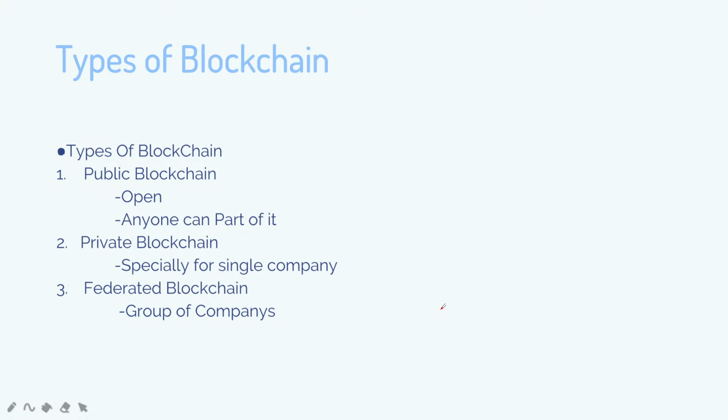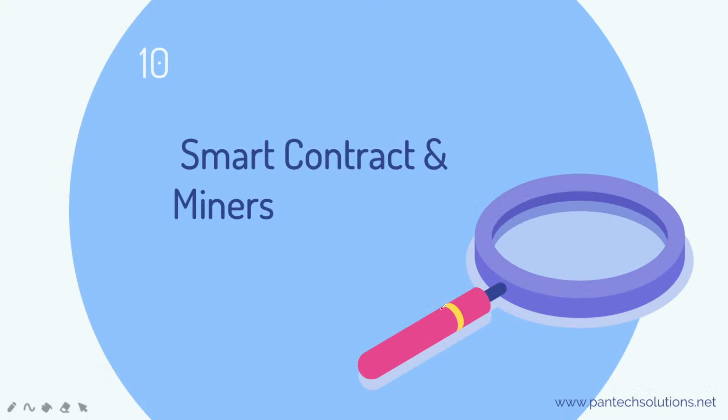A private blockchain is especially for a single company. If you have a single company, you can create a private blockchain, within which you can transfer data and secure your data. And federated blockchain means a group of companies. Okay, so these are the things we can do in blockchains.